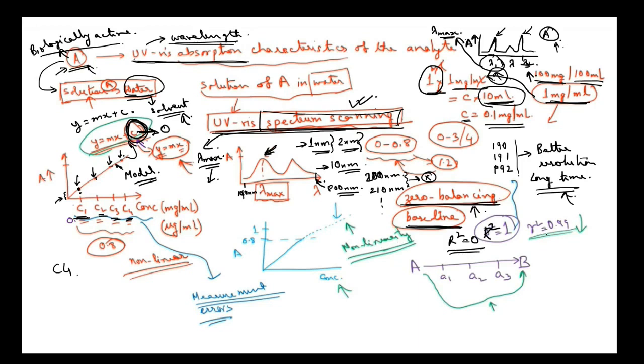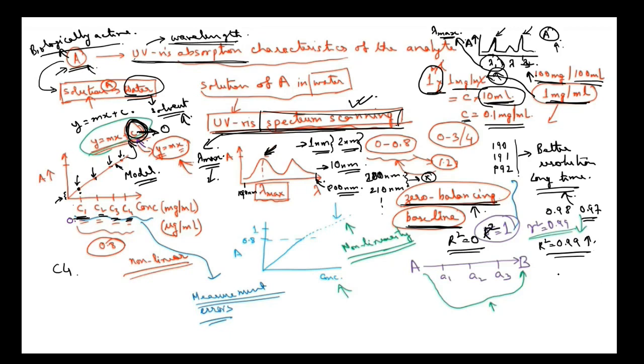Usually an R-square value of 0.99 and above is assumed to be a very good fit, and as it decreases below 0.99, say it goes down to 0.98 or 0.97, then we say that the quality of the data is starting to degrade.